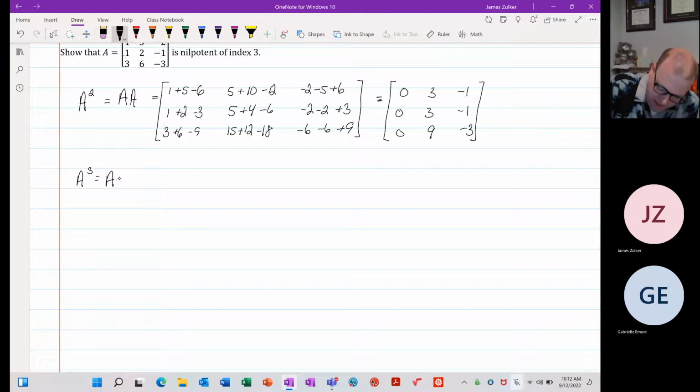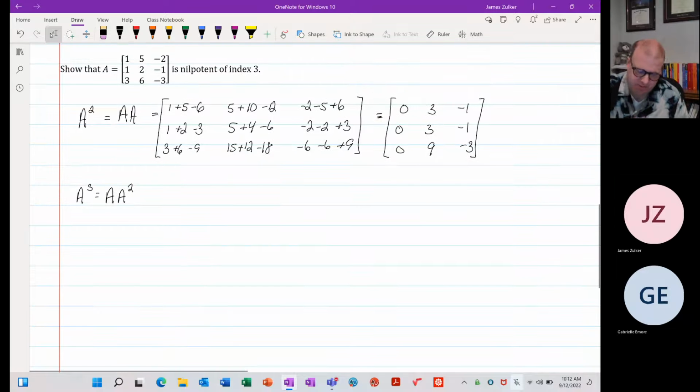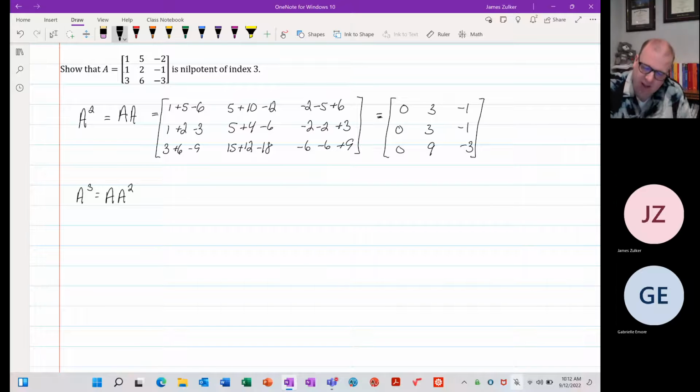A cubed would just be A times A squared. So we're going to do first row of A, first column. Well, that's nice. No work required there. That first row is just going to be all zeros.